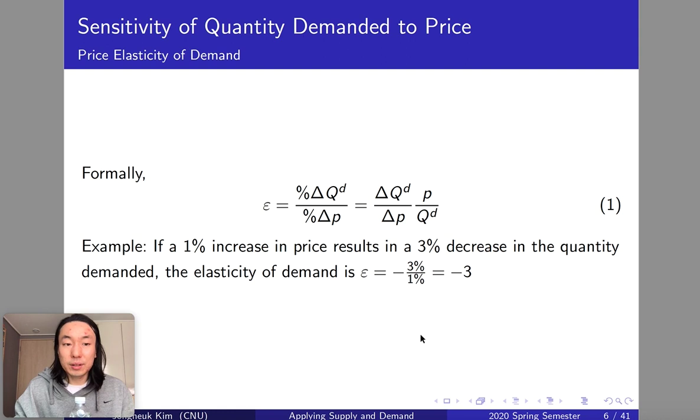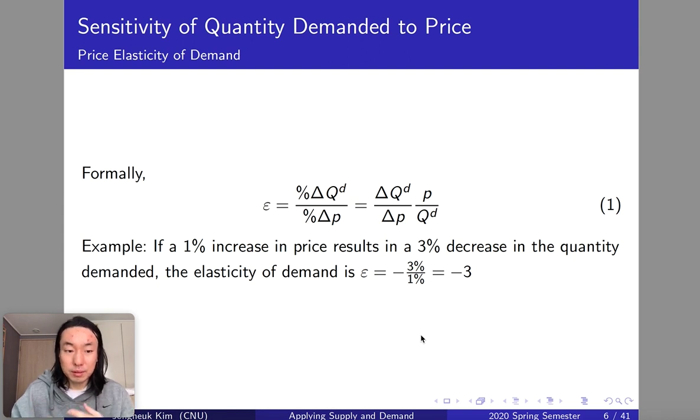So let's look at the formal definition of price elasticity of demand. Okay, so price elasticity of demand will be defined by, let's look at the numerator part, percent change. This triangle means a change of, okay, the percent change of quantity demanded over percent change of price, right?